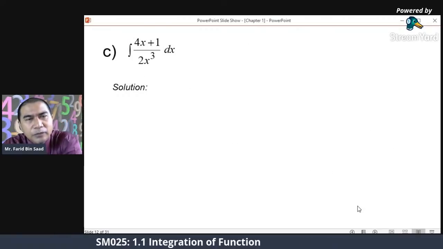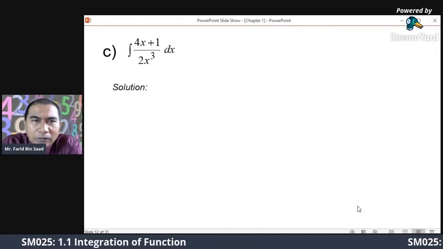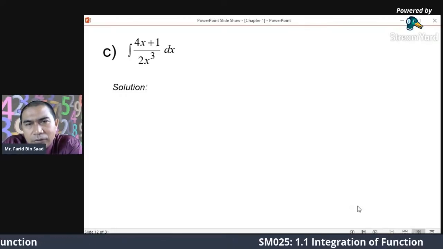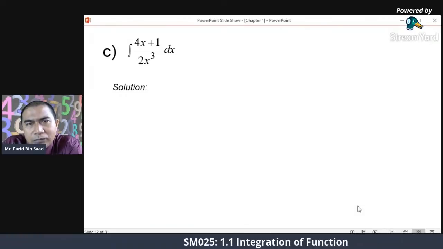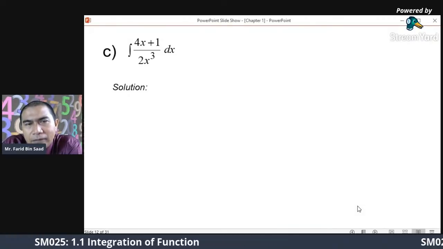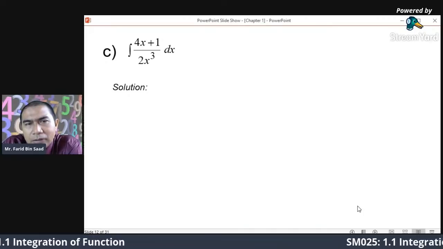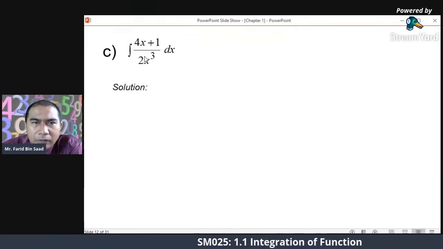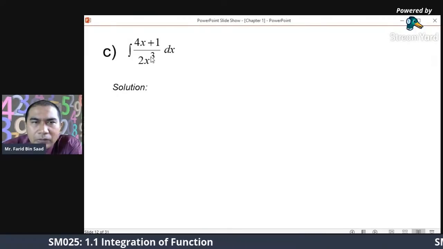Okay, C. Integrate 4x plus 1 over 2x cubed dx. If we refer to the basic rules, we don't have a rule for a denominator with 2x or x with a power of more than 1.